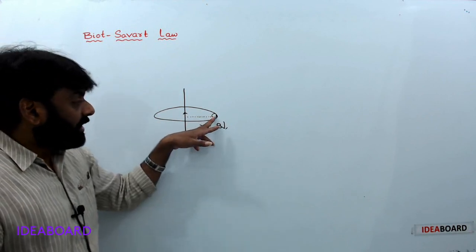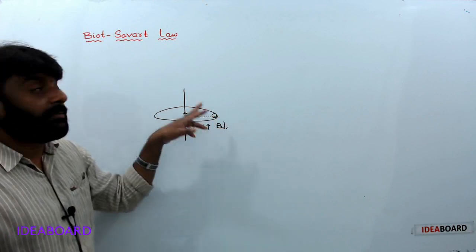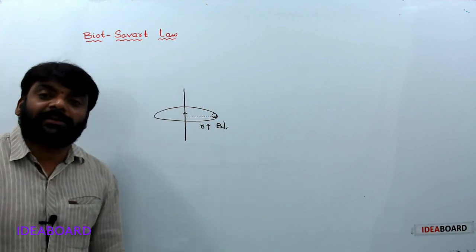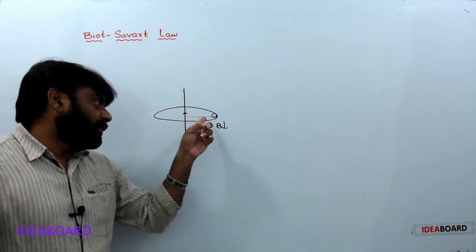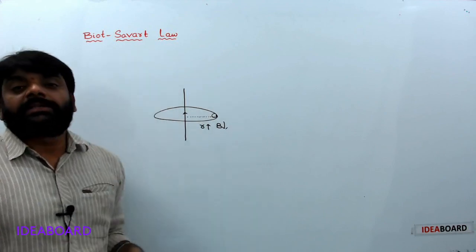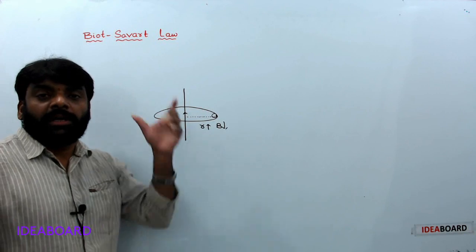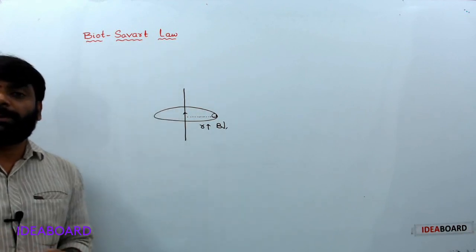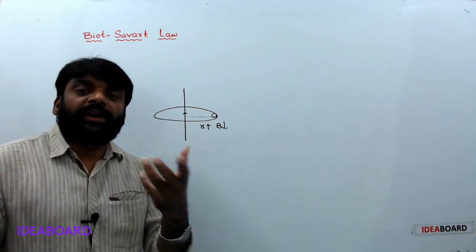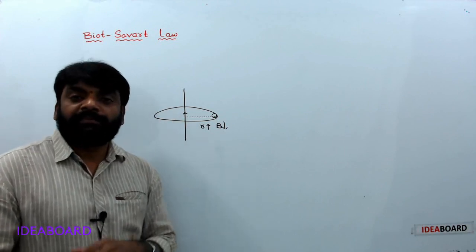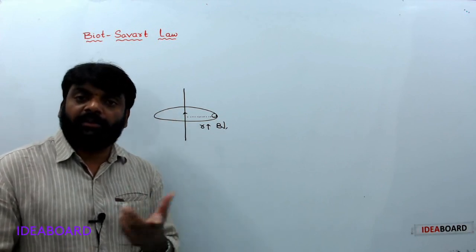That field intensity was first determined by Biot and Savart, and simply that is called Biot-Savart law. So the main purpose of Biot-Savart law is to find the magnetic field intensity due to a current carrying conductor, a current carrying wire.